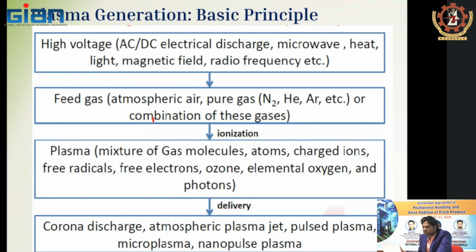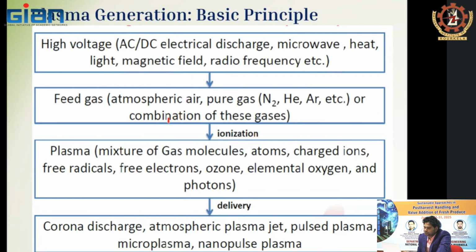Oxygen reactive species can be used in some processes. As I said, there are a number of applications for plasma, and each can be used in different applications. Generally, we use atmospheric gas, or nitrogen gas, or oxygen separately, or inert gases like argon and helium, or a combination of gases can also be used for plasma production.